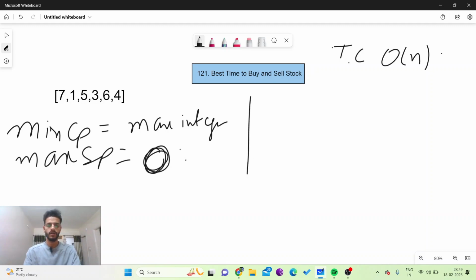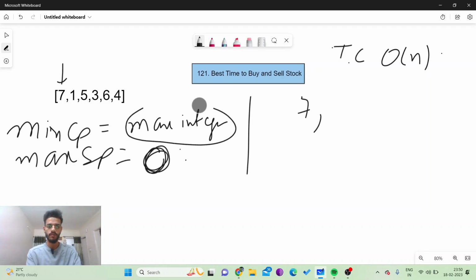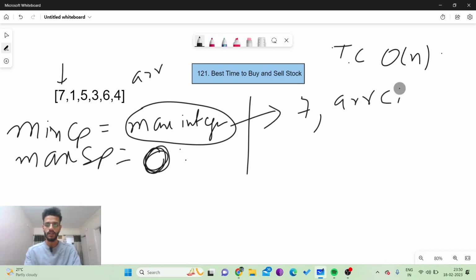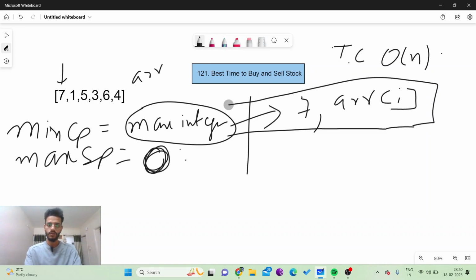Now let's move. On the first day, let's suppose we are purchasing at 7. We will take the minimum of this and arr[i], because we have to minimize between the cost price and the minimum cost price we have stored.